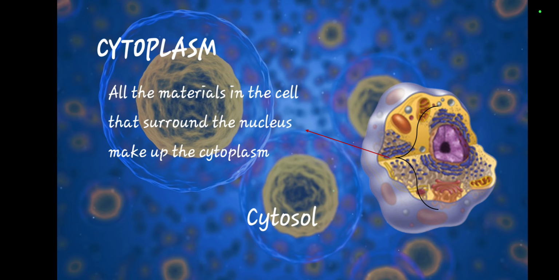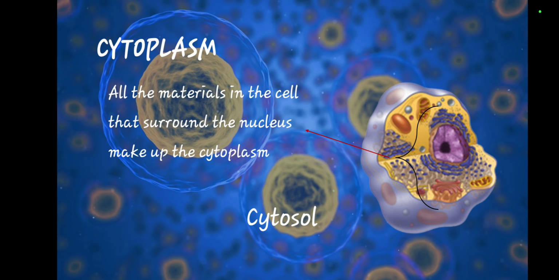It basically comprises water, salt, and various organic molecules. And some of the intracellular organelles, the nucleus and mitochondria, are enclosed by membranes that separate them from the cytoplasm.